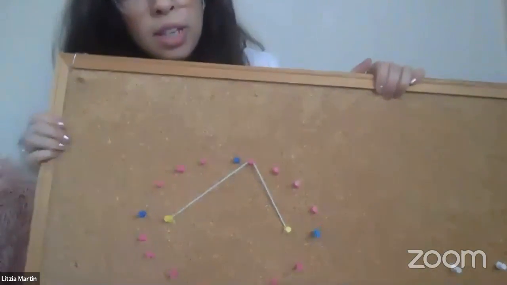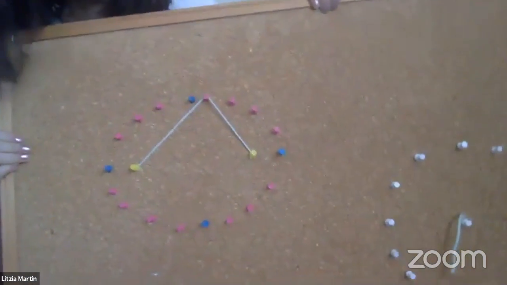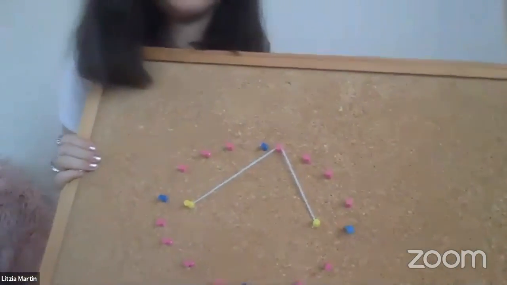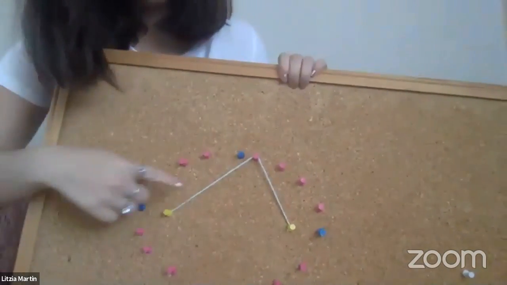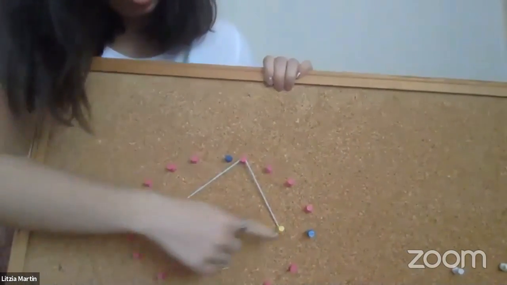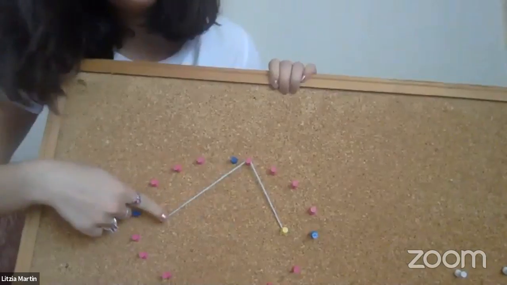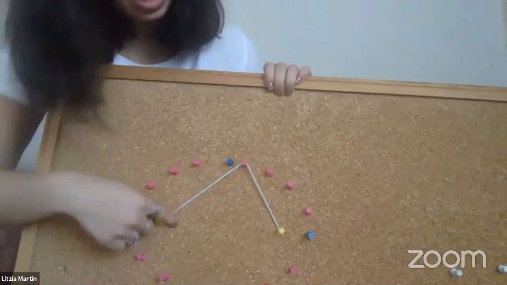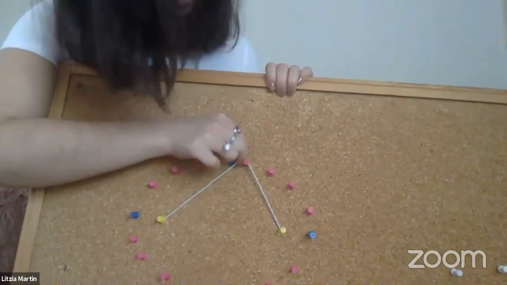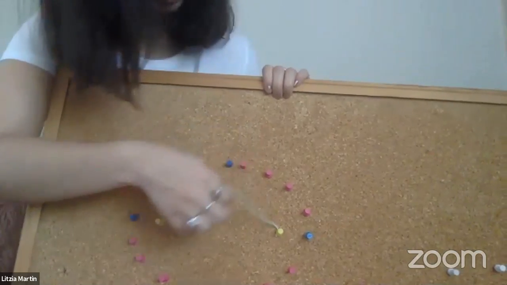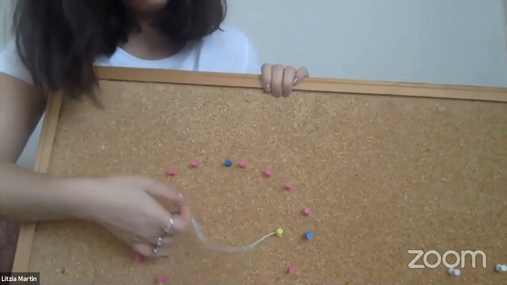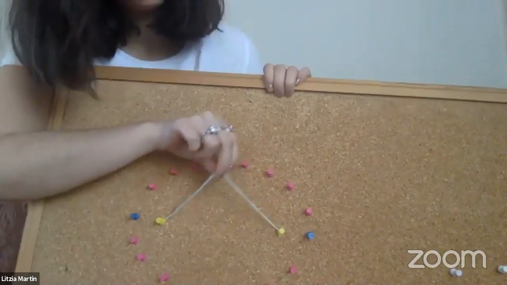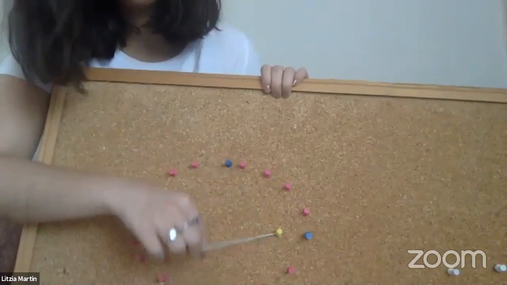So for the ellipse here, what we need is 2 fixed points. So you see in yellow here, that's what we call our foci. So these are the focus points. And then we have 1 length here. So this is just kind of a random length. I could have made this string longer. I could have made it shorter.